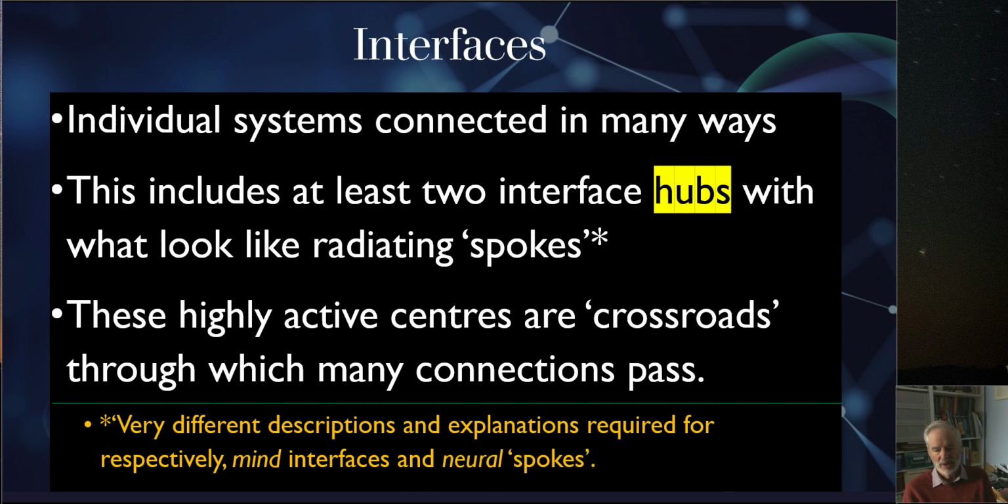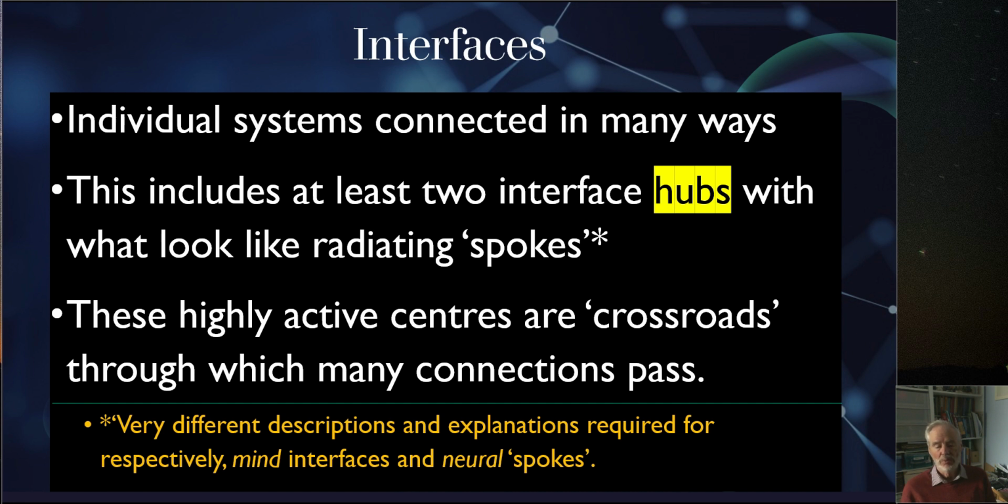Notice that there are similar ones in the brain, and recent research has highlighted this fact. There's a particular brain-based publication which shows that there is a semantic system in the brain, and it looks very much like a hub with radiating spokes.